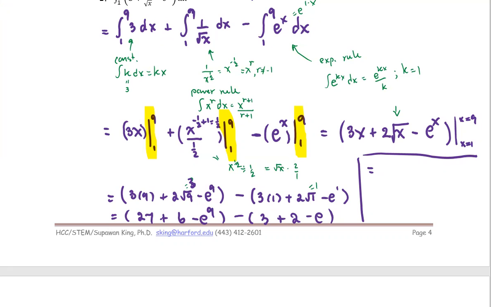So I consolidate the numbers here, 3 and 2, that's 5, reduce with the 6, 3 plus 1, so the real number is gonna be 28, minus e to the 9, negative becomes positive. So this is the exact value of the solution, okay?